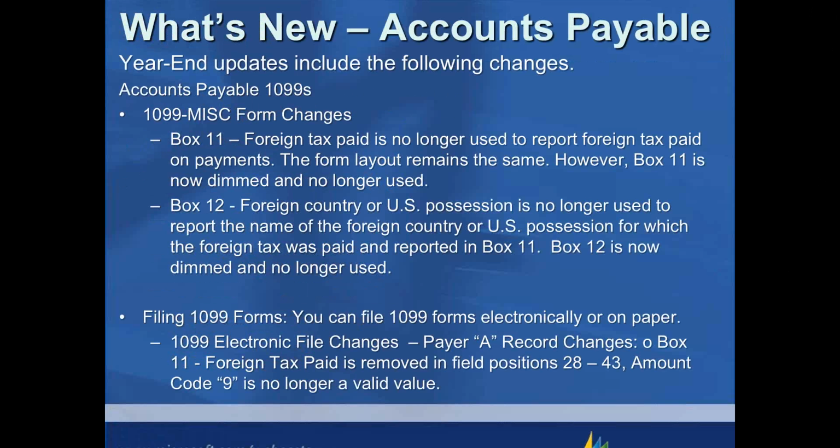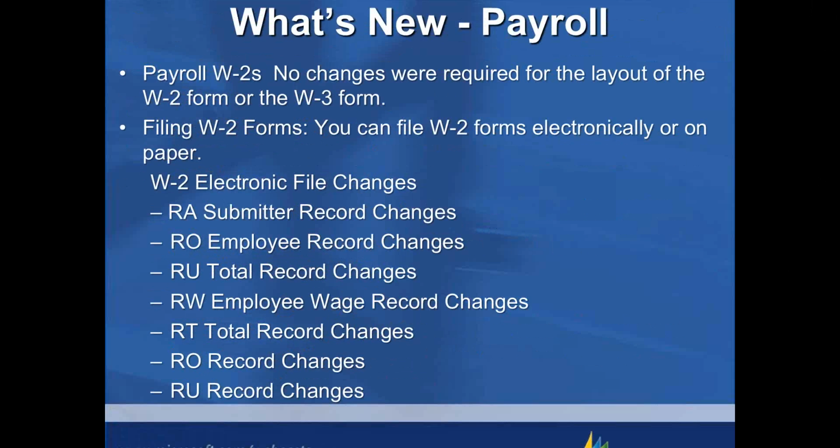Filing the 1099 forms, of course, you can do it electronically or on paper. If you are doing electronic 1099s, you absolutely need to install the updates for that because the payer A record changes, and of course the change to the foreign tax paid as well. What's new in payroll?